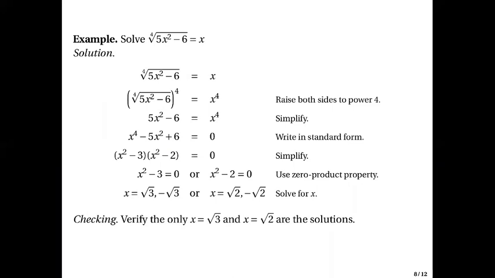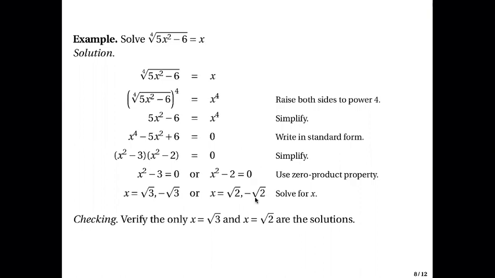Okay? One way to verify is the following. If x equals negative square root of 3, the right-hand side will be negative, correct? But the left-hand side is always positive.